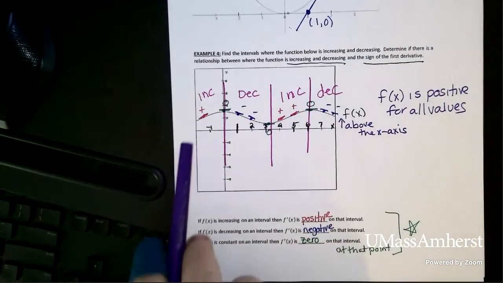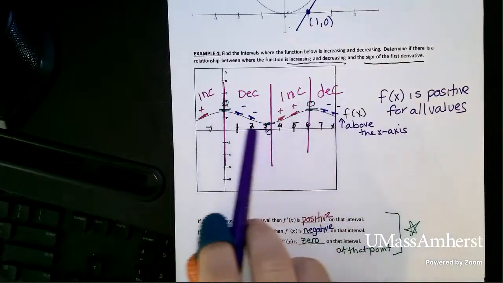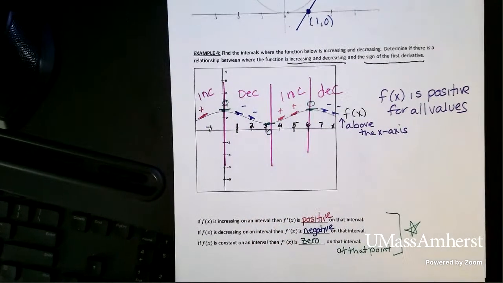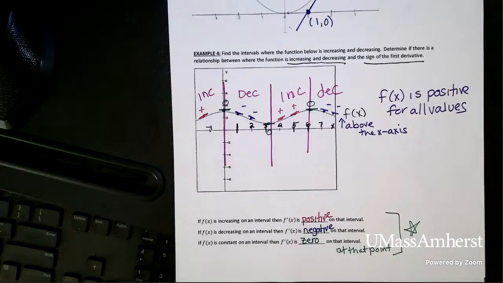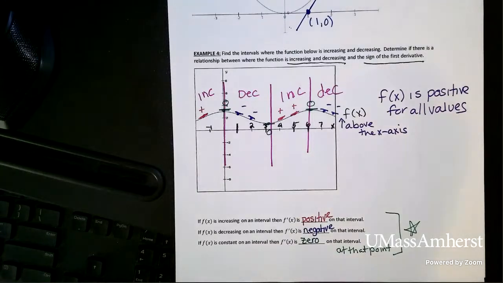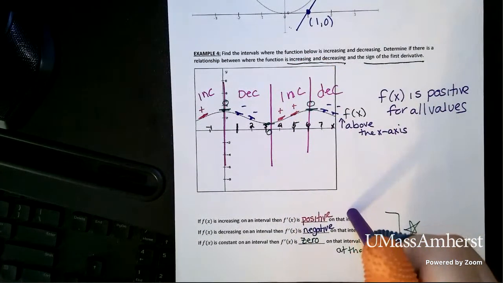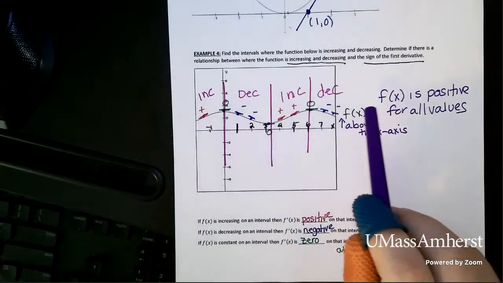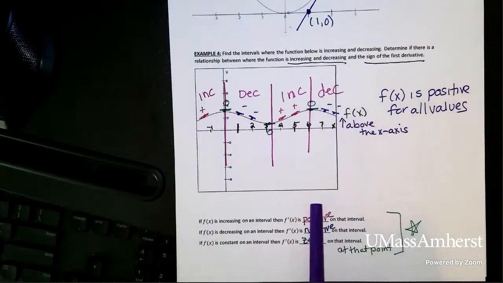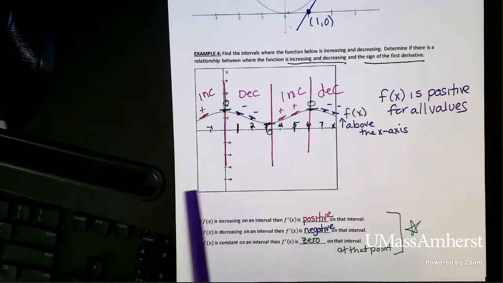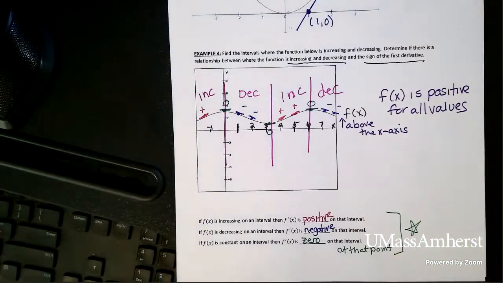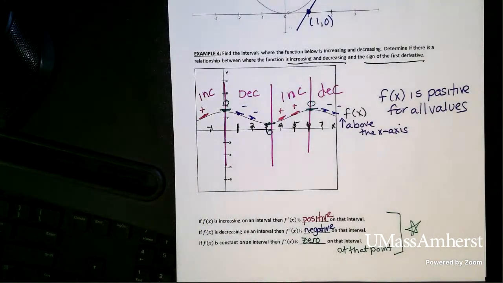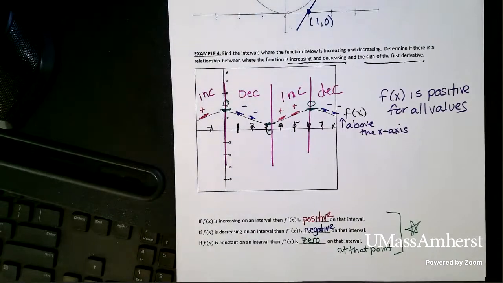Whether or not my function is increasing or decreasing does impact the derivative. The relationship between the original and the derivative is that whether it's increasing or decreasing in the original function tells me if I am positive, negative, or zero for the derivative. Trying to keep all of these straight is going to be something we need to practice a lot.